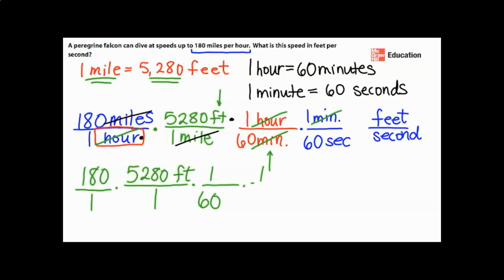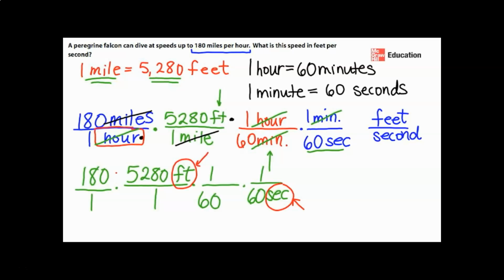And then 1 in the numerator and 60 seconds in the denominator. So you'll notice we have the units feet and the units seconds, one in the numerator, the other in the denominator, and now it becomes arithmetic.